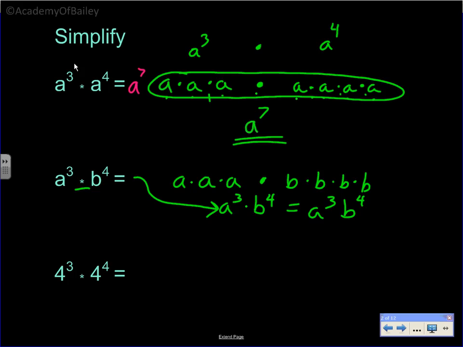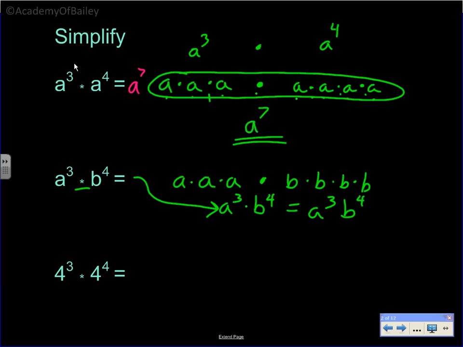The second example, 4 cubed times 4 to the fourth. You could say 4 cubed is 64, and 4 to the fourth is going to be something like 64 times 4, $256, I'm thinking.